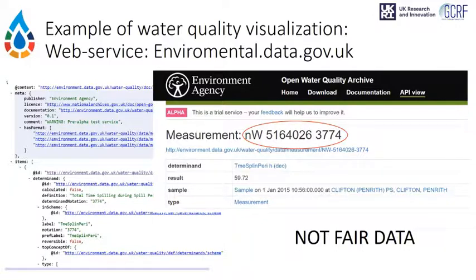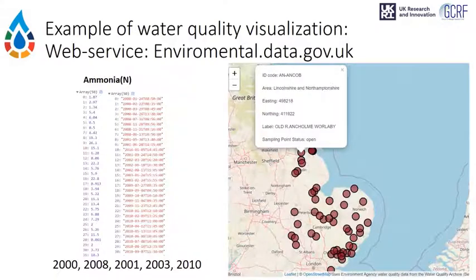NW51, as you can see here. It was not only because of that. For example, when we wanted to look for ammonia, you will see the collection of the data from 2000 and 2010, and there were gaps between these data.